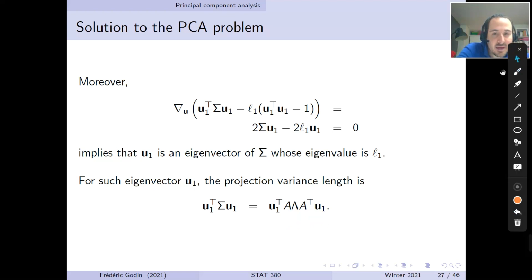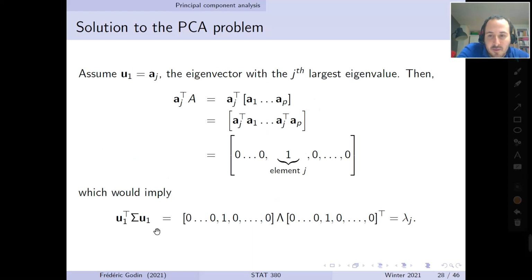In that case, the sample variance of the projection length is simply a vector containing zeros except the one at the jth location, times the diagonal matrix lambda containing the eigenvalues, times this other vector. And if you make that product, it's pretty easy to show that this is lambda j, the jth largest eigenvalue.